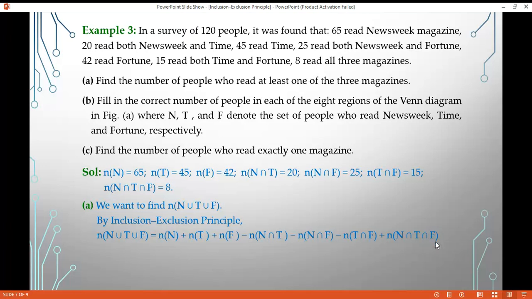Now we put in all these values and we get 100. It means that at least 100 students read at least one of the three magazines.